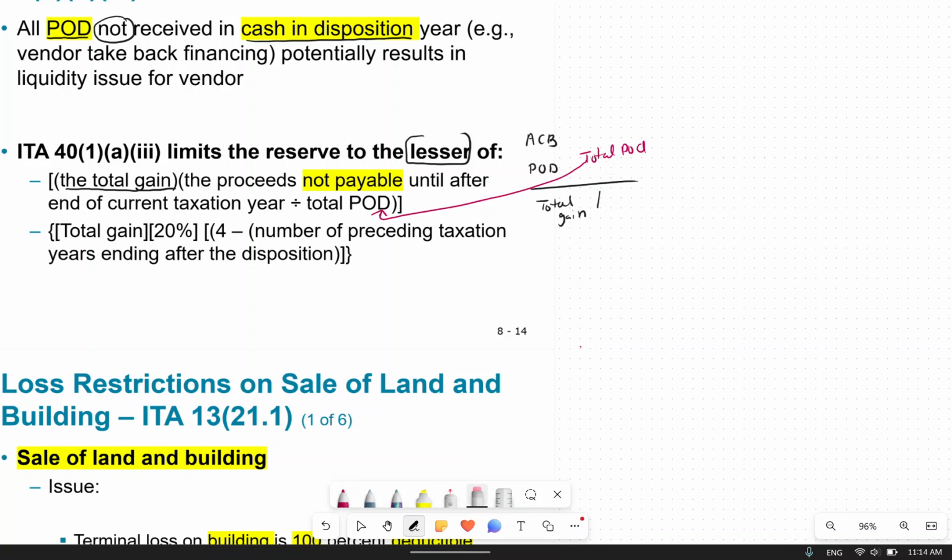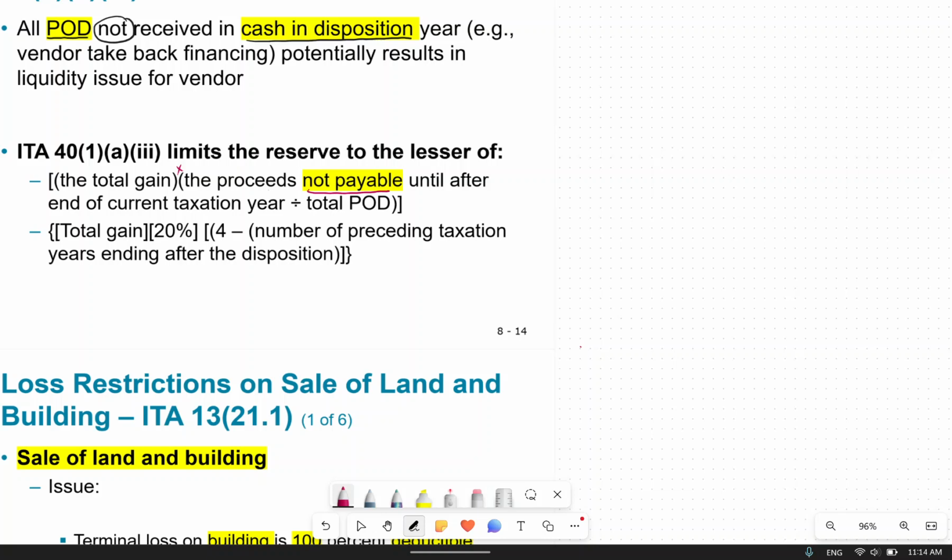They might give you some money down, and some money is not paid. So the top number will be the proceeds not payable, divided by the total proceeds, and then you multiply by the total gain.